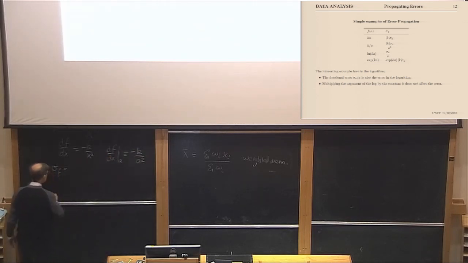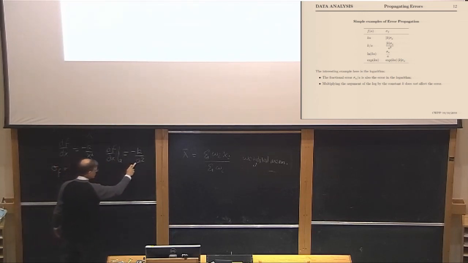So if I put that in the formula, I get the modulus of that. Now a squared is presumably positive definite, so that is the modulus of k divided by a squared, times sigma a. Okay?